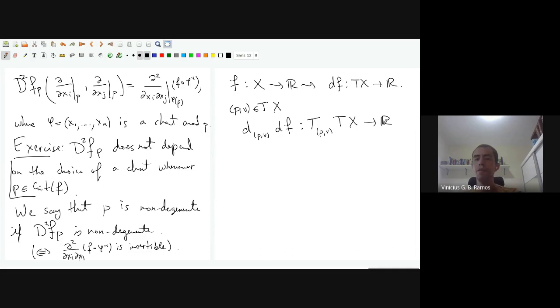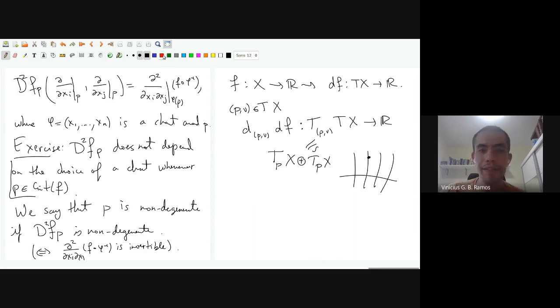Okay? And what is this tangent space? What's the tangent space of a tangent bundle? Basically this is isomorphic to the tangent space to the fiber itself, which is T_pX, direct sum with T_pX.